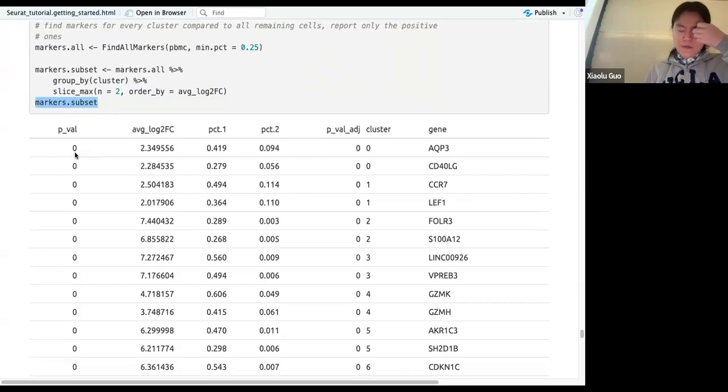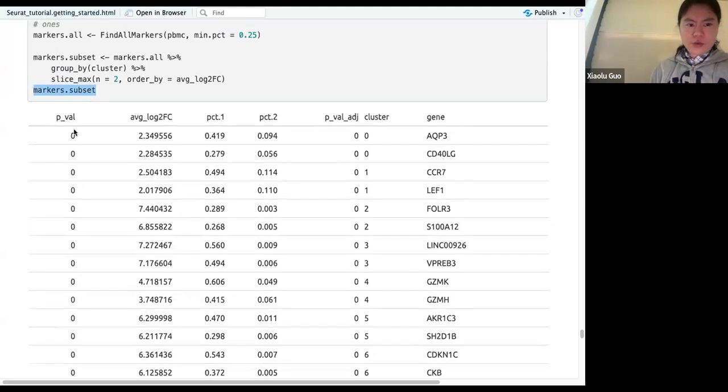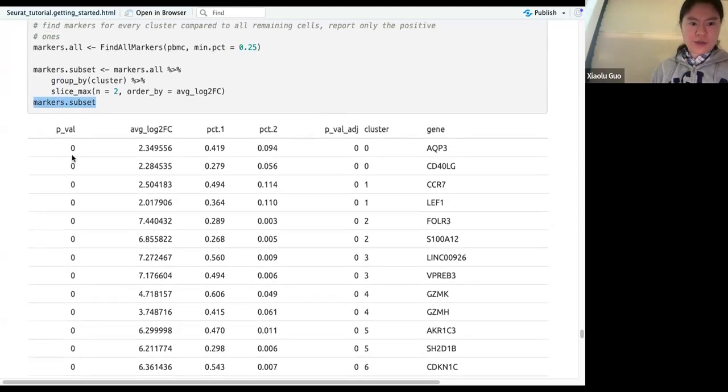First, this is the p-value, and because it's the top 2 markers for each cluster, it's still a very low p-value, 0. Here is the average log2 fold change comparing cluster 0 versus all the rest. Similarly, CD40 LG is also specific to cluster 0 compared to all the rest.